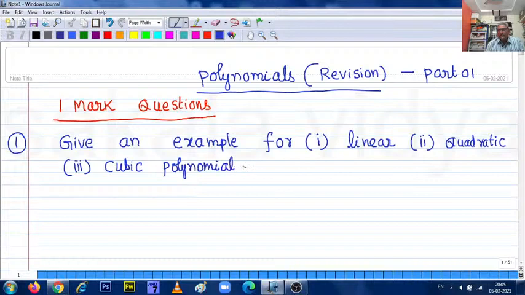See, in the examination you are asked to give an example.